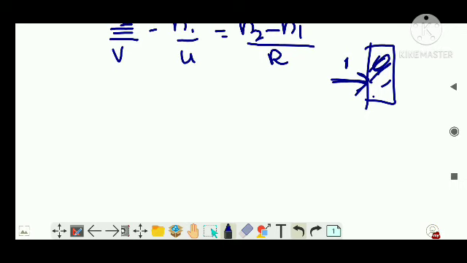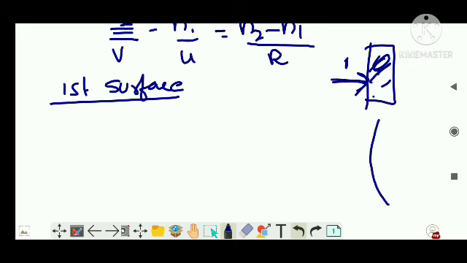This much clear? Now let's deal with the first surface. The light ray is coming from air into which medium? Into glass, right? So N2 becomes NL, and this is NM. So the light rays are coming into our glass.